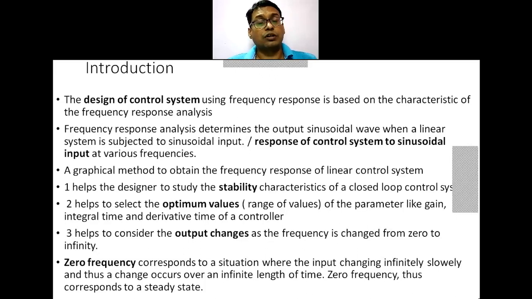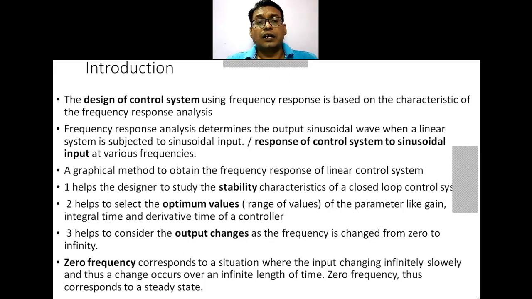The system is subjected to a sinusoidal input, and we are going to study this output, which mostly you will get in a sinusoidal manner. Now, this is a graphical method to study the frequency response. So it helps to understand the stability of a control loop.